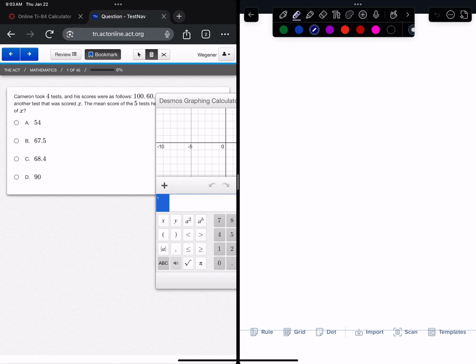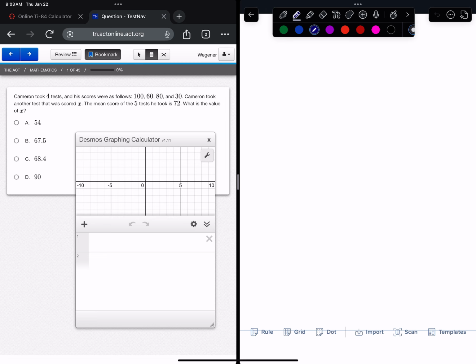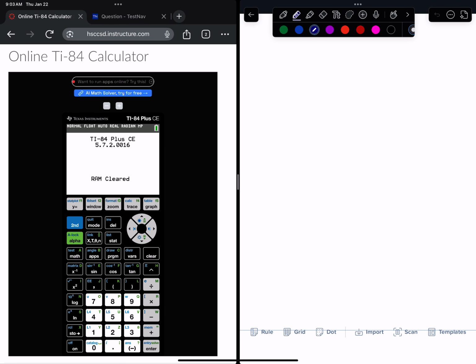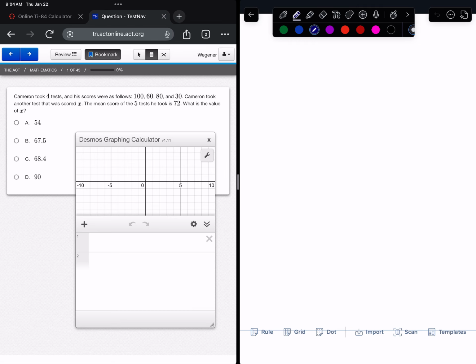Right here is my calculator. It uses Desmos. Feel free to also use the TI-84. Now, I have an online TI-84 on me, but you cannot use this online one. You have to have a physical TI-84 CE if you are going to be using it, okay? Now, if you're asking yourself, is this calculator allowed?